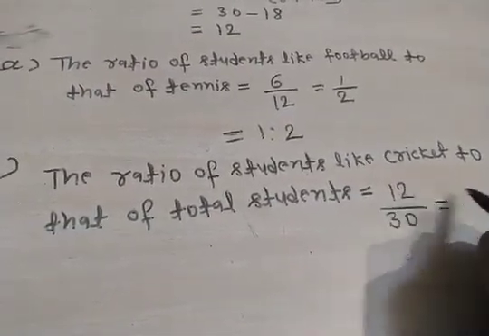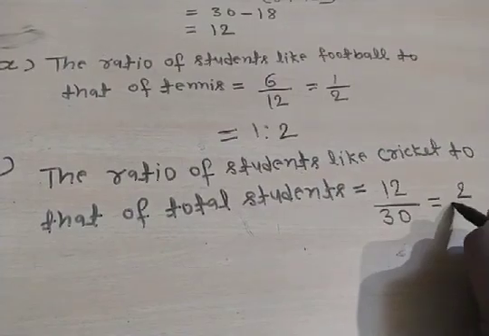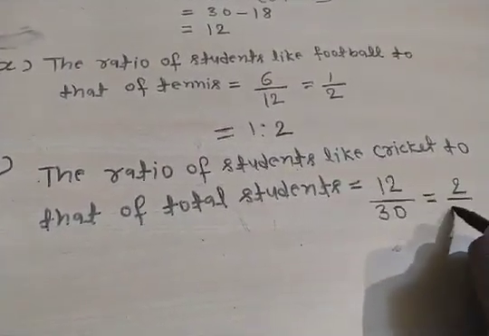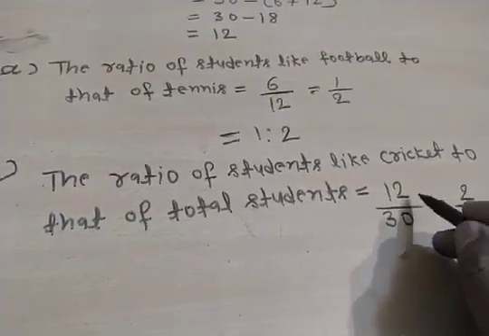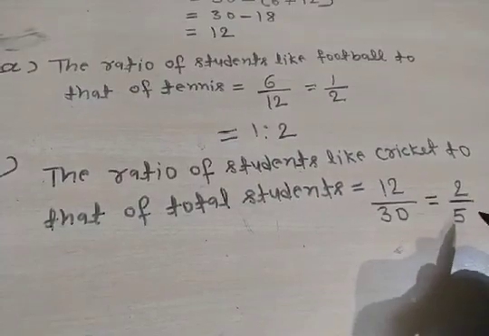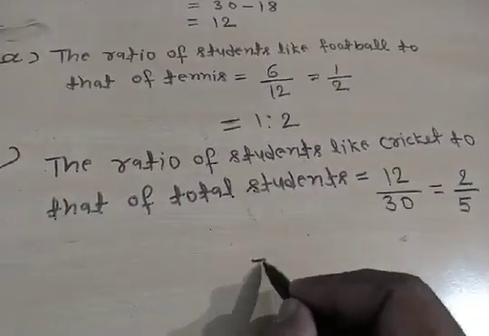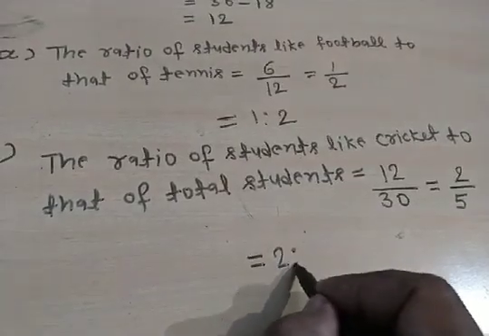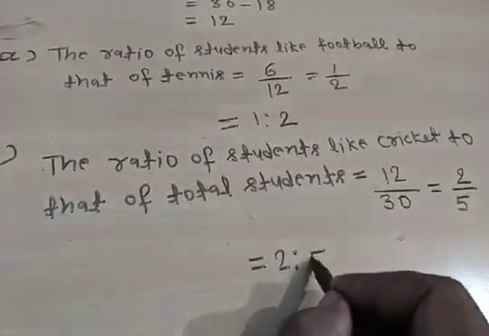So 6 twos are 12 and 6 fives are 30. So we simplify 12 by 30 and find 2 by 5. So the required ratio is 2:5. Clear?